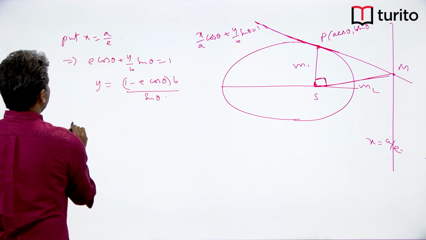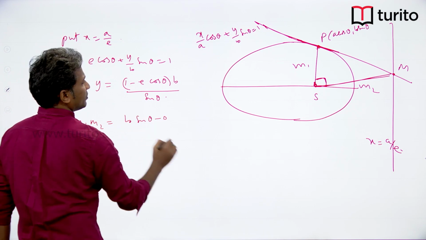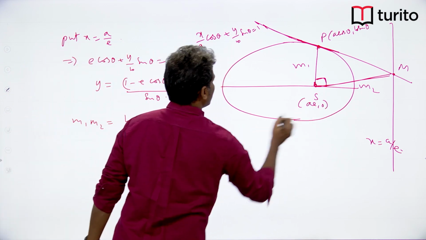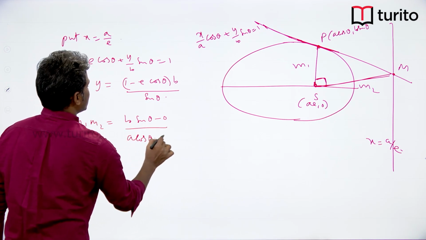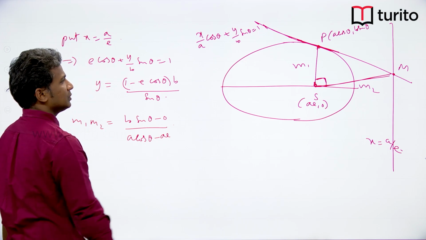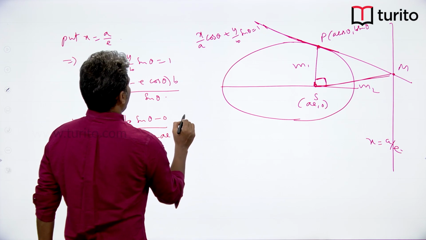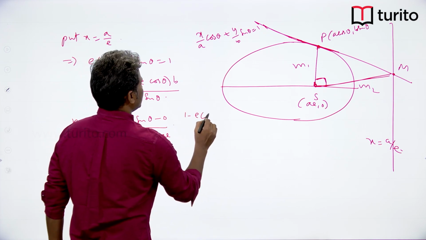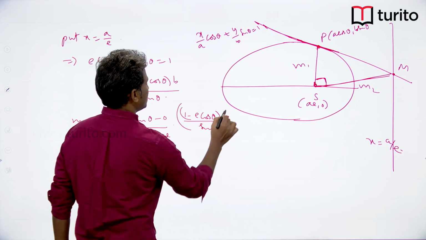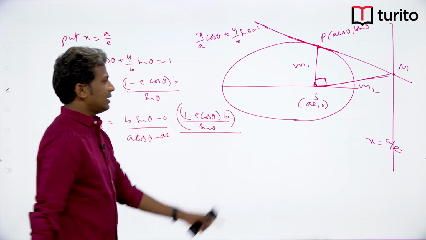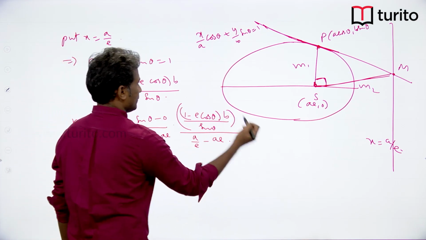So, basically m1 into m2 is going to be b sin theta minus 0 because this focus is ae comma 0, divided by a cos theta minus ae, into the next slope, 1 minus e cos theta into b by sin theta, this is the numerator, divided by a by e minus ae. Okay.